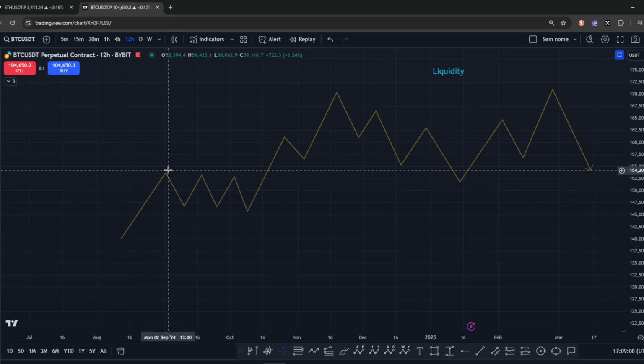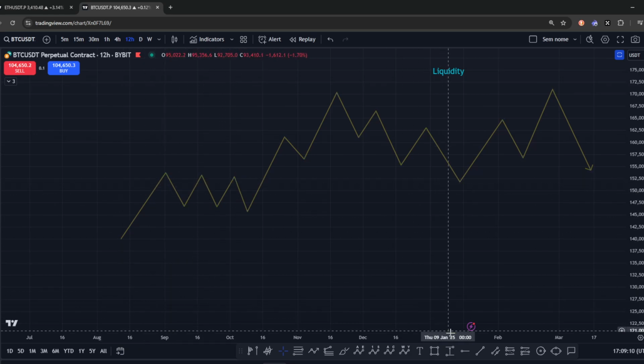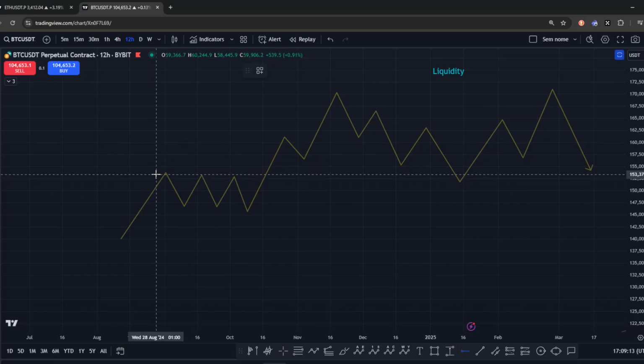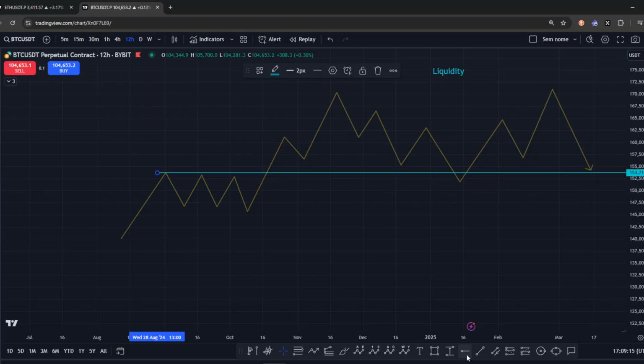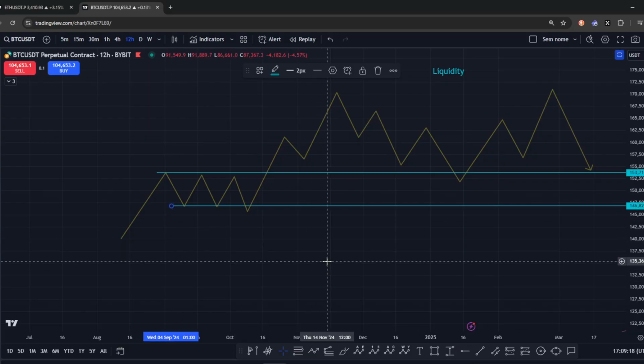So after this consolidation, normally liquidity forms in both ways, in the top and in the bottom.